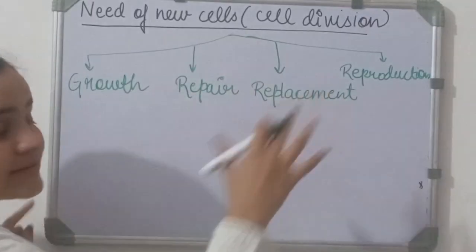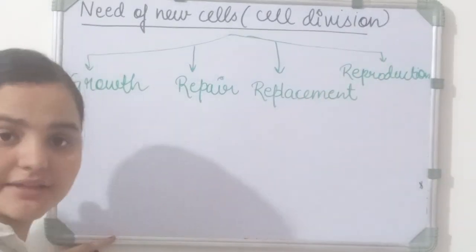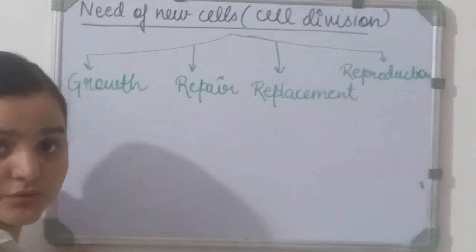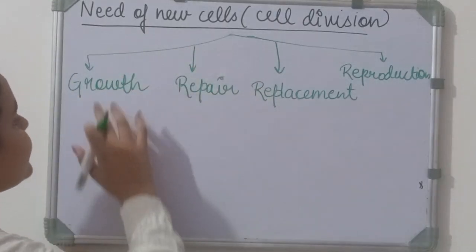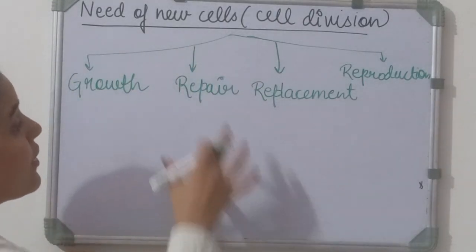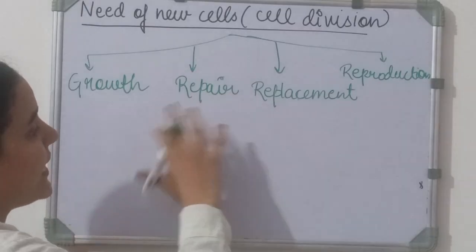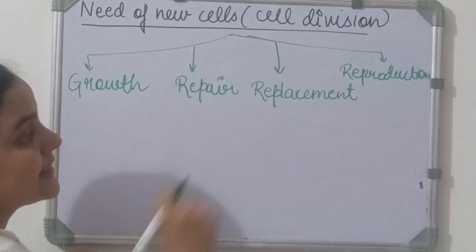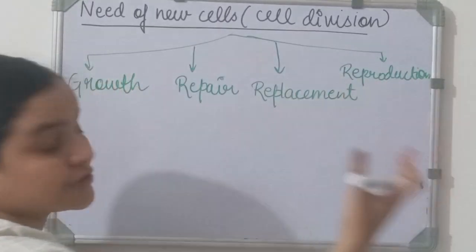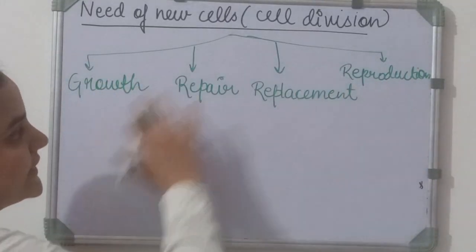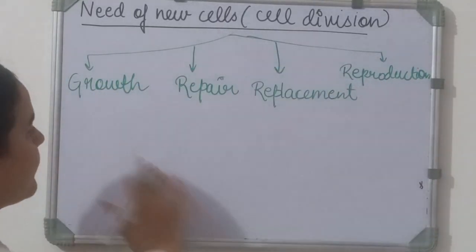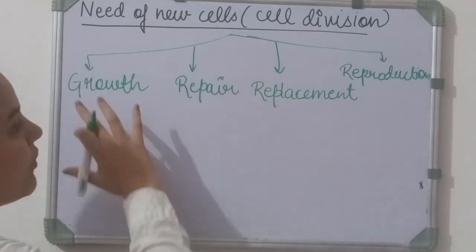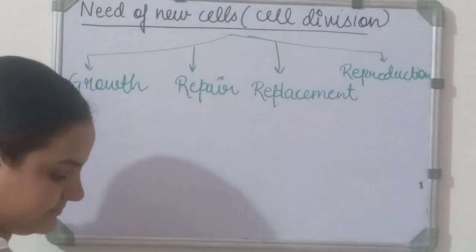All these things take place in all the organisms. So for organisms to grow, for the repair and replacement of the injured or dead cells, then for the production of new organisms, we need cell division. Let's go through all these 4 things.